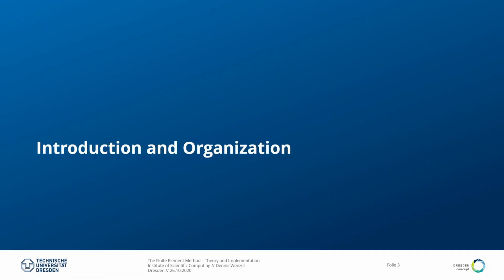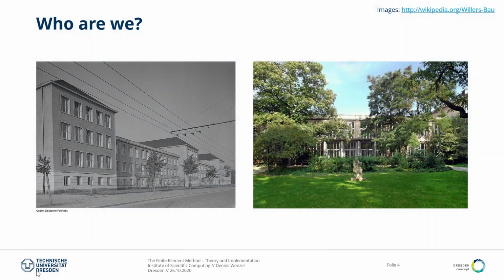Now let's get started with introduction and organization. Firstly, we have to answer the question, who are we? So who is the Institute of Scientific Computing? It is an institute that's part of the mathematics department, and our location is the Willersbau, a very old building, as you can see in the left-hand photo, in the middle of campus.